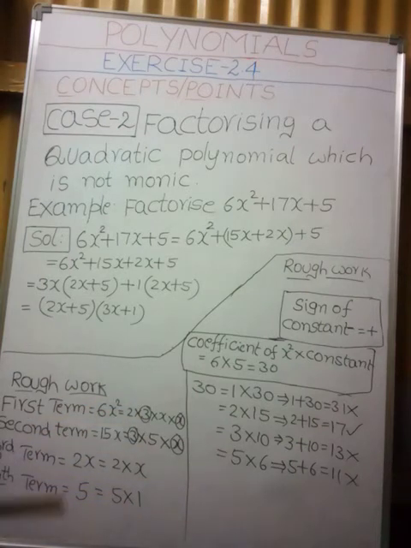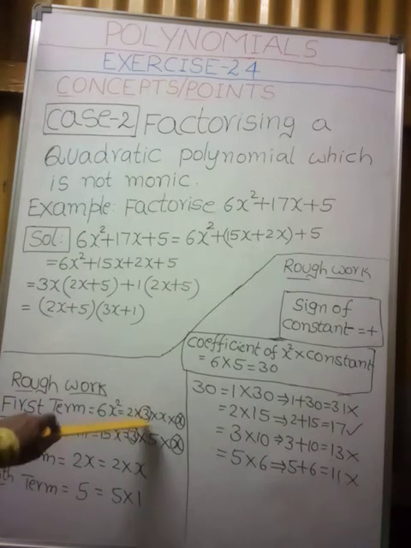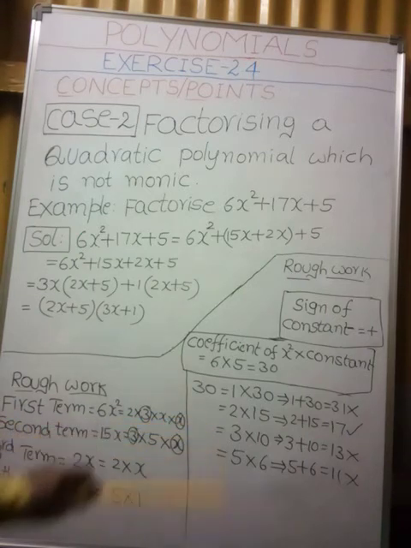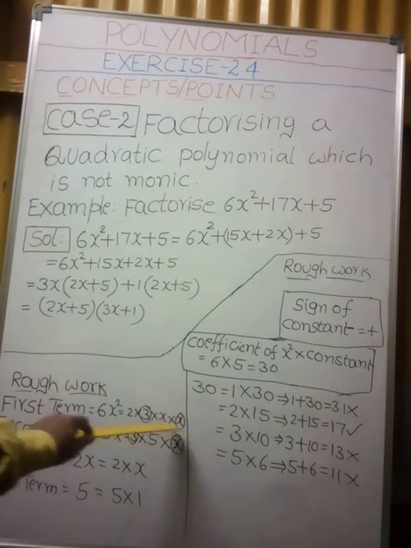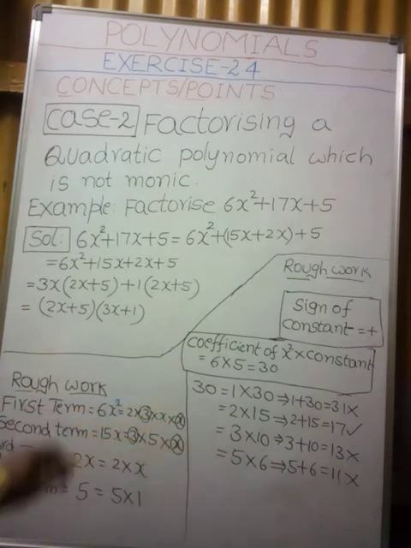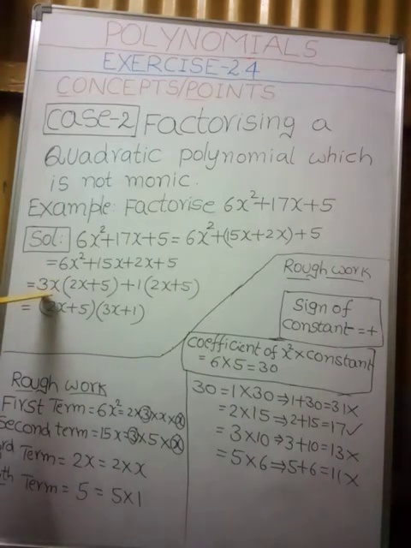Right. Now from the first 2 terms, we follow the same steps as we did in the previous examples. We have to take out the common factor. Here if you observe, 3 is a common factor and x is also a common factor. It means 3x. From these 2 terms we can take out 3x as a common factor. So I wrote here 3x.